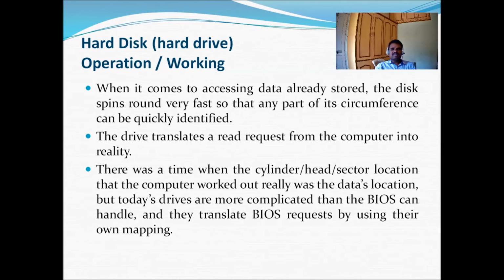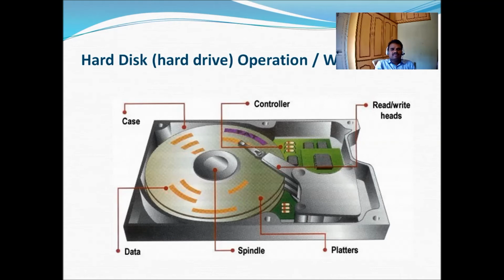But today's drives are more complicated than the BIOS can handle, and they translate BIOS requests by using their own mapping. Here also we can see a picture of this hard disk: the read write heads, the 3 platters, and a spindle which spins the platters. The data is stored on the platters, and there is a computer case and controller circuit.